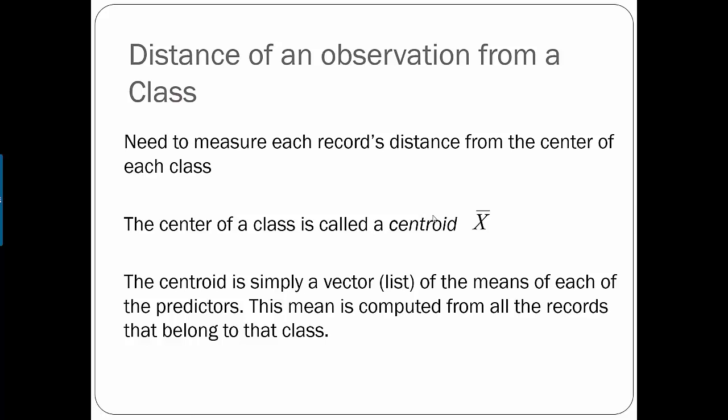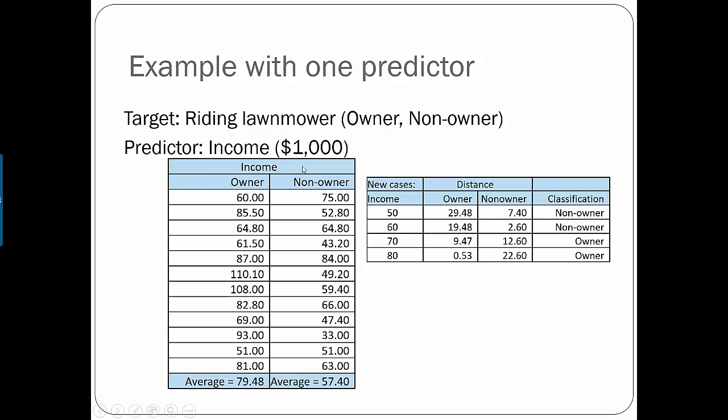So now you separate the observations between two classes. Here is the riding mower example. You have the income of all the owners, and the income of all the non-owners. So you find the average income for the owners, find the average income of the non-owners, and when new records come in, for example, a new record comes in with an income of 50. The distance between 50 and 79.48, and the distance between 50 and 57.4 gives you these values.